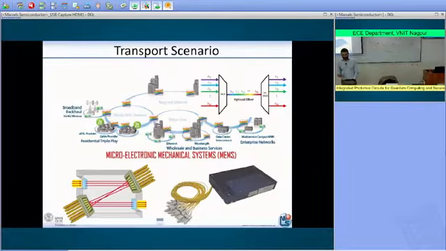Nowadays, the technology to do this switching, this reconfiguration of the network, is essentially based on microelectromechanical systems.